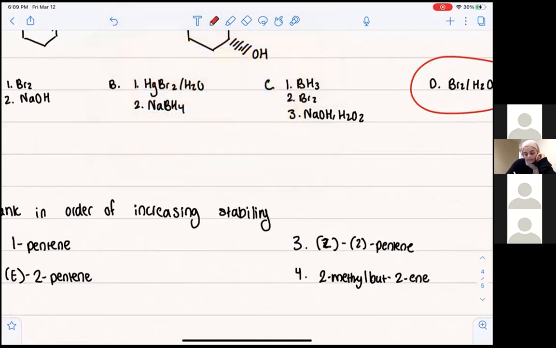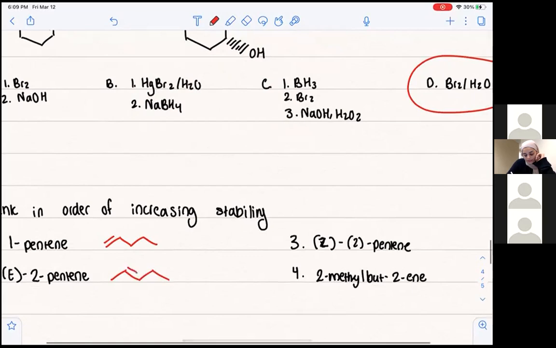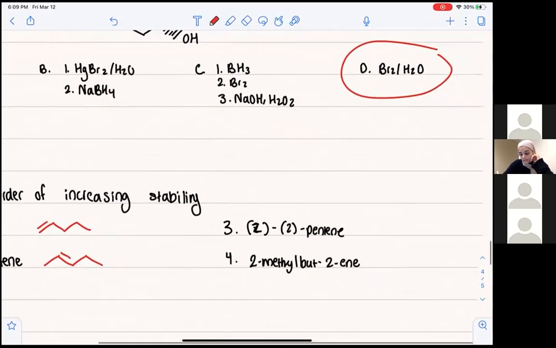So then let's go ahead and look at these. 1-pentene looks like this. E-2-pentene looks like this. Z-2-pentene looks like this. And then 2-methylbut-2-ene looks like this.